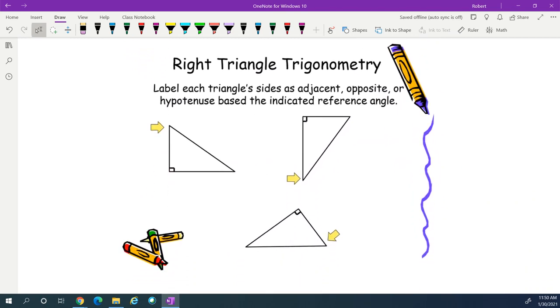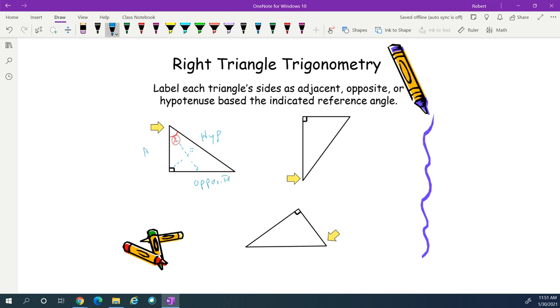So the yellow arrow is indicating our reference angle. So this is our angle, right? We want to identify the three sides. Opposite the right angle is the hypotenuse. Opposite our reference angle is the opposite side.